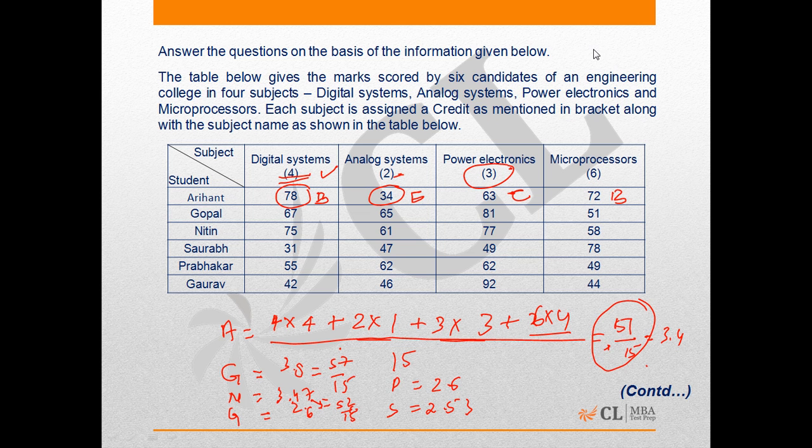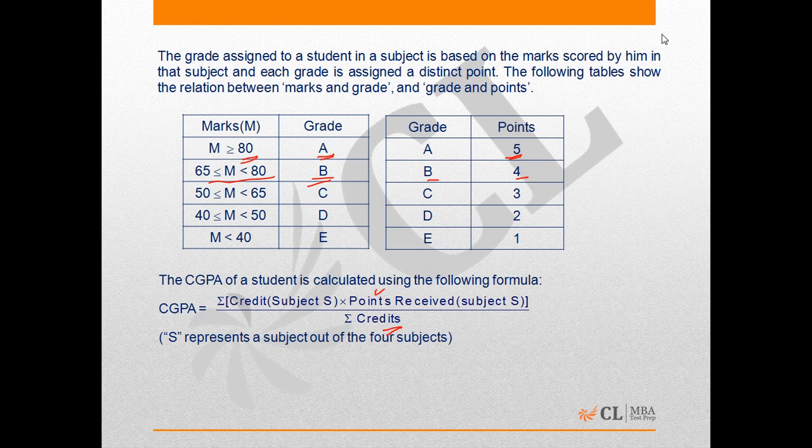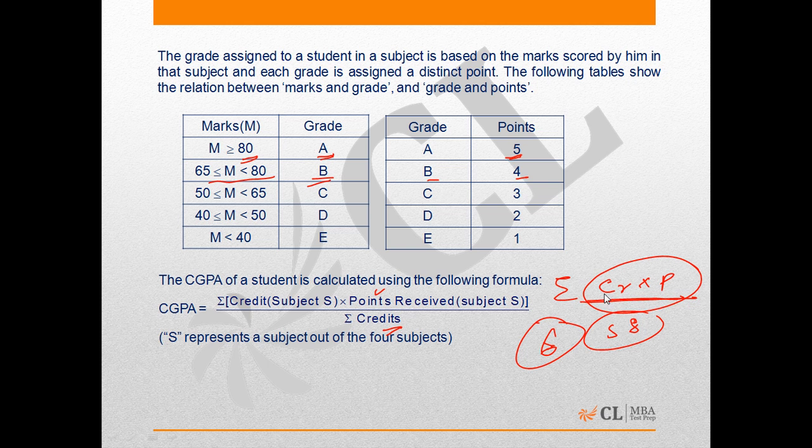Nitin's, if he manages the value of summation of credit into points received 58, he'll become the person with highest CGPA, which means he needs additional 6 of summation of credit into point received.